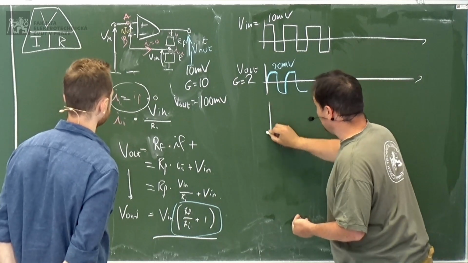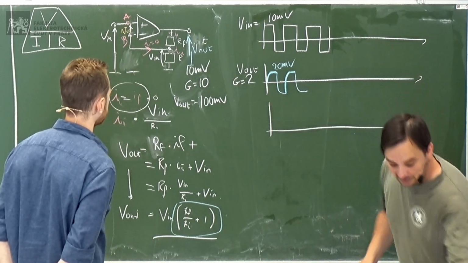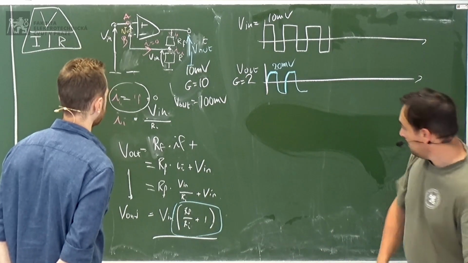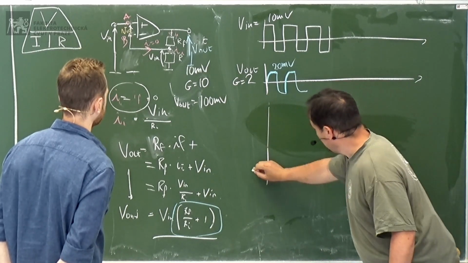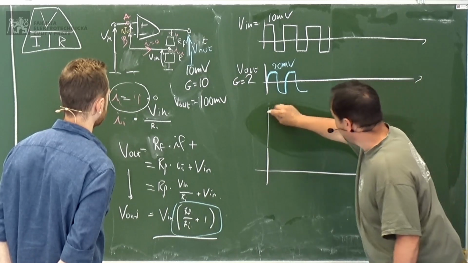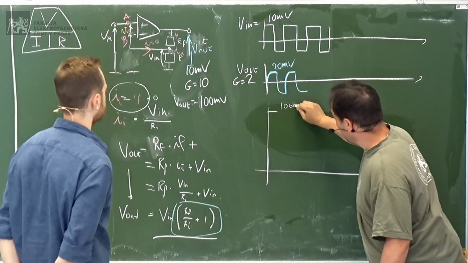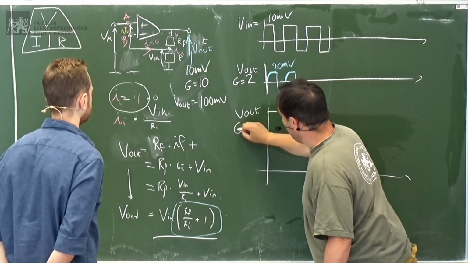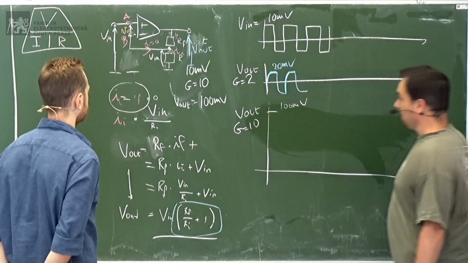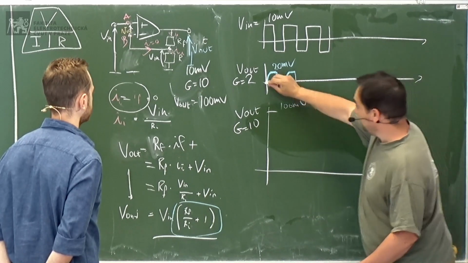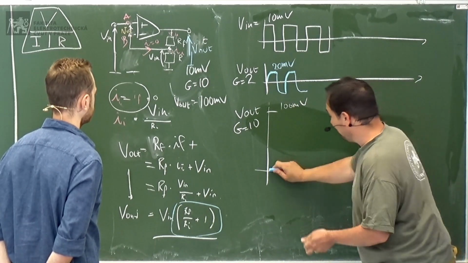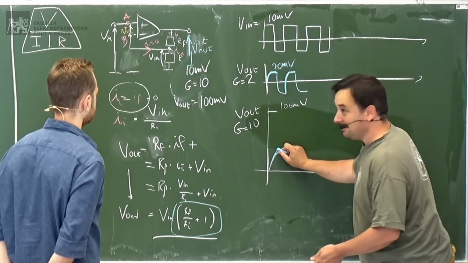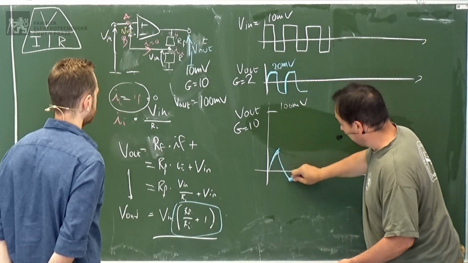But now let's make it to scale. I want to arrive to 100 millivolts because this is the output with the gain of 10, but it has the same slew rate. So good luck with that. It starts here, and when it's still increasing, it's already time to go down.